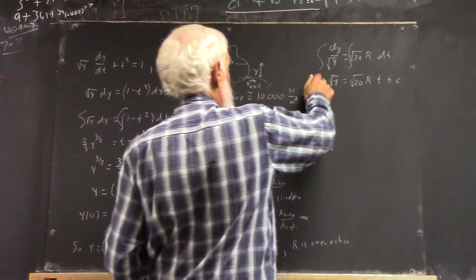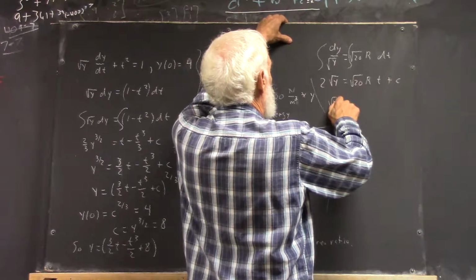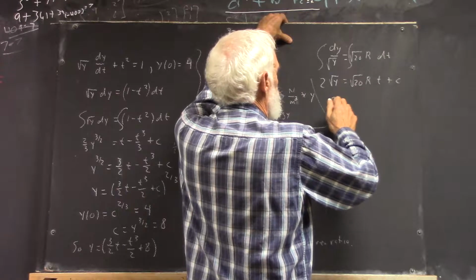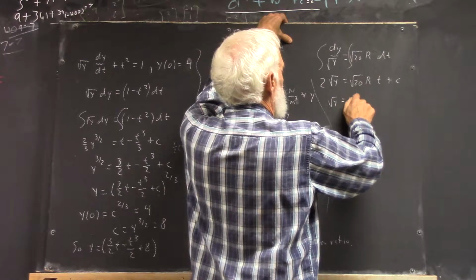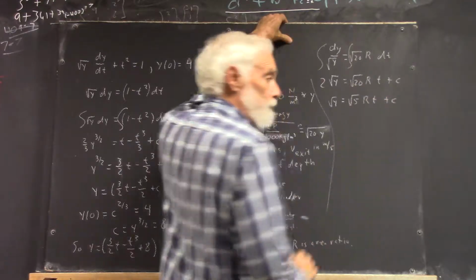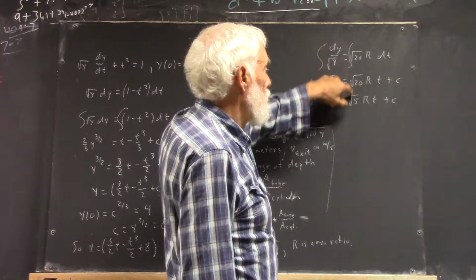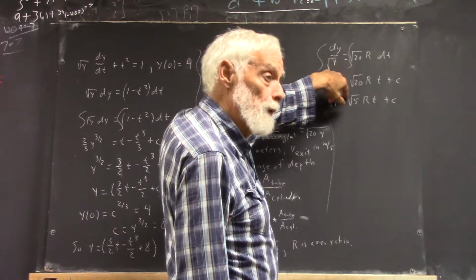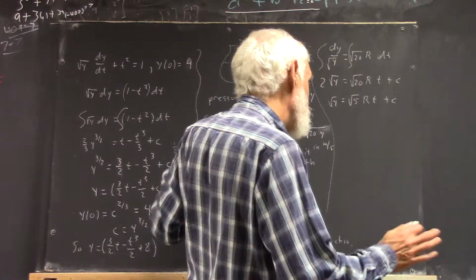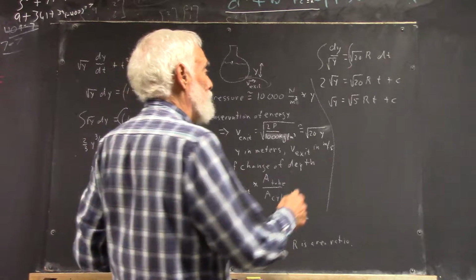So you got 2 square root of y equals this, so the square root of y equals, well, it's going to be the square root of 5 r t. Let's see. Okay. Now, square root of 20 over 2 is square root of 20 over the square root of 4, which is square root of 20 over 4. And I shouldn't have to say that, but I know I do sometimes. Okay? You got to get that rust out.